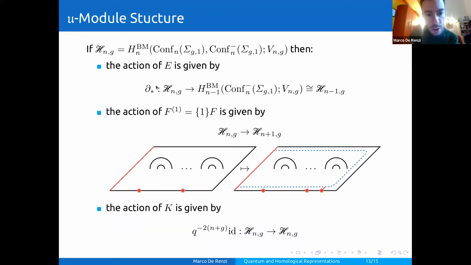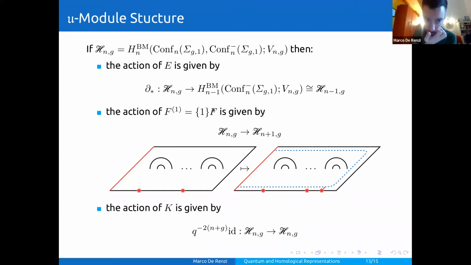If you do the boundary homomorphism, you will start from here and land in this space, which is not quite this space, but it's isomorphic to it. You can choose an isomorphism from this to this. And so these are configurations where one point is forced to lie on the interval, and you can choose a way to kind of forget about this point and land here.